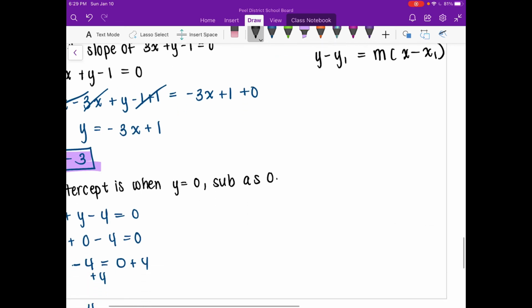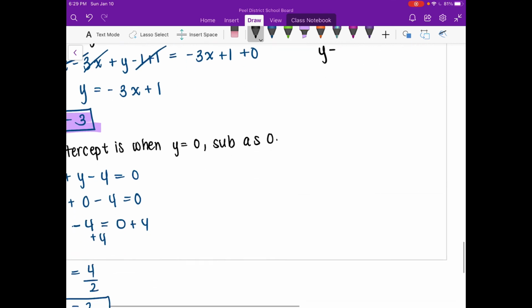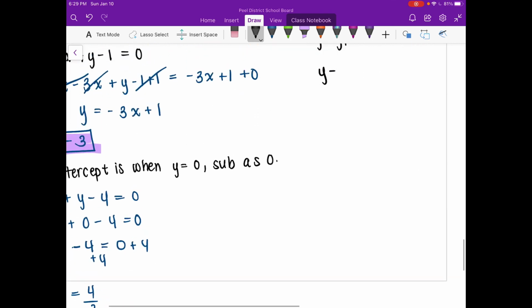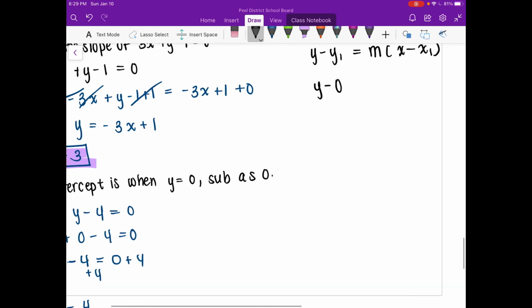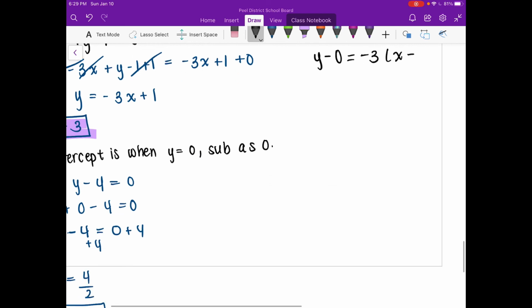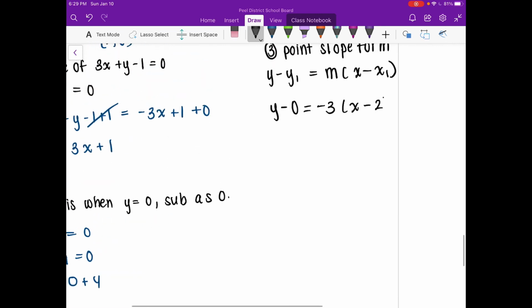I know that my y1 is going to be 0. So I have y minus 0 equals m, which was negative 3, times x minus 2, right?